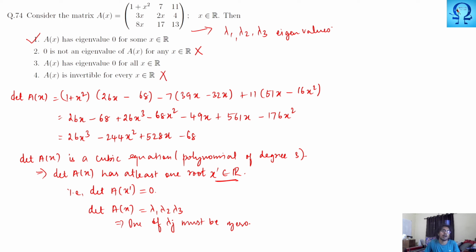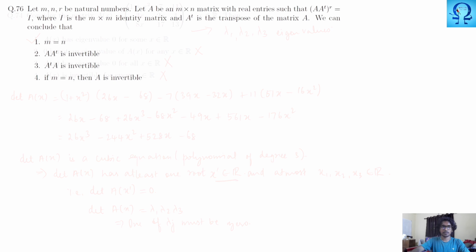And option 3 says that A of x has eigenvalue 0 for all x in R. No, it has at least one root in R, and at most I can say there are 3 roots in R. So at the maximum for 3 values of x only, this will have 0 as an eigenvalue, and at minimum for one value. But for all, that is not true. Right? Now we move to the next question.